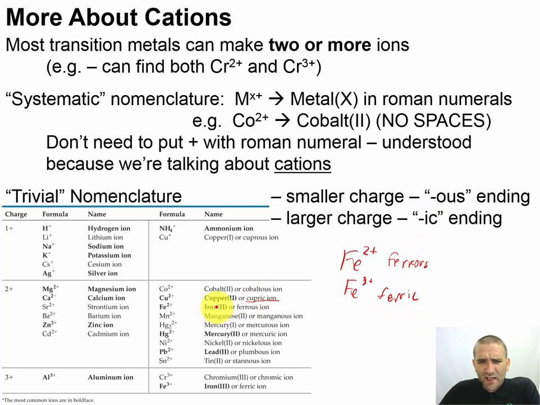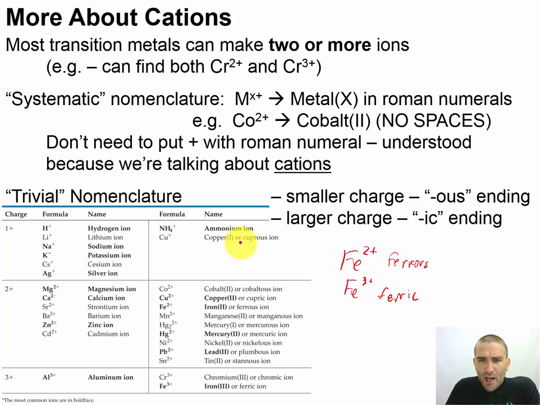Now, how did we go from the word iron to ferr- as the beginning? Well, remember how I mentioned earlier the language Latin? Many of these have been known since antiquity. And so the ones that are really, really old and well known, going back centuries, they already had names.